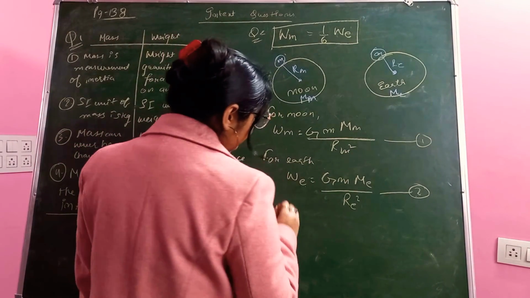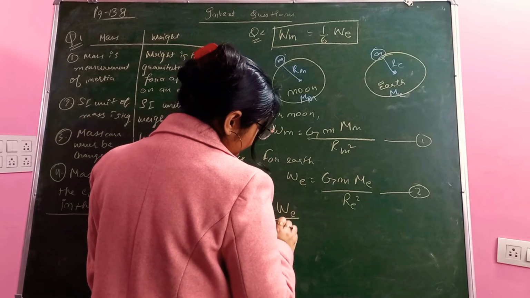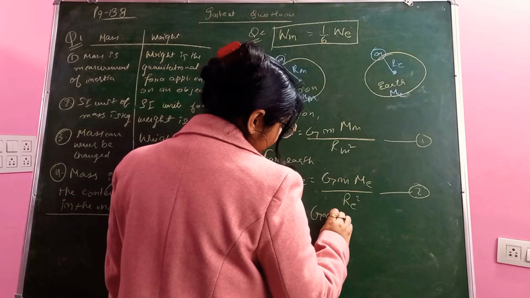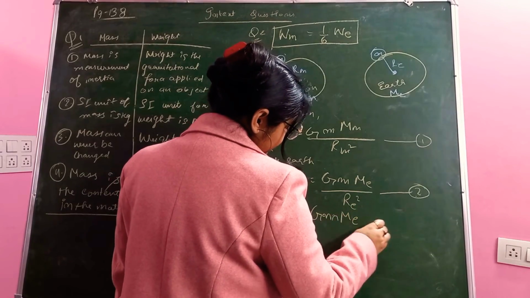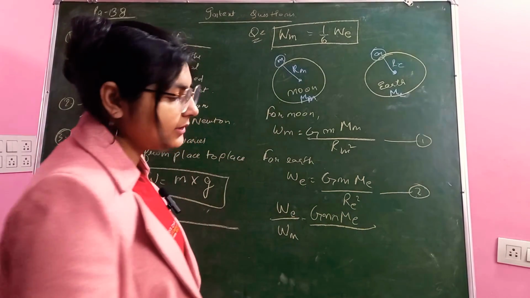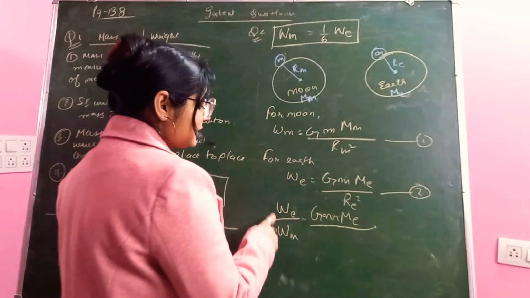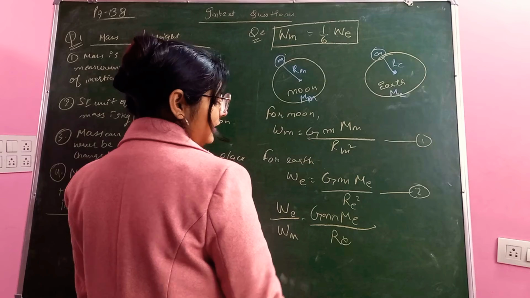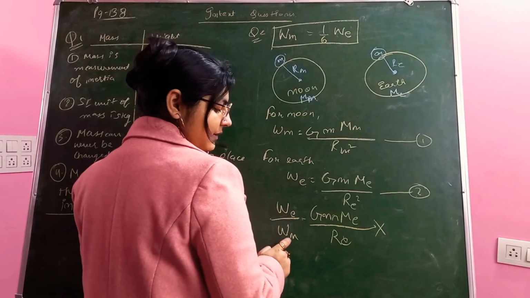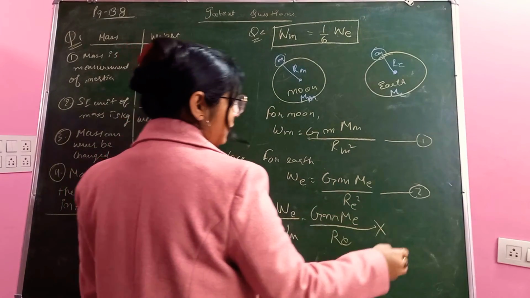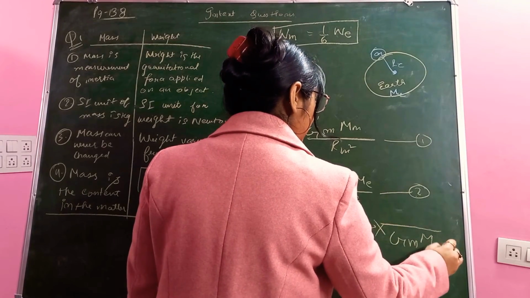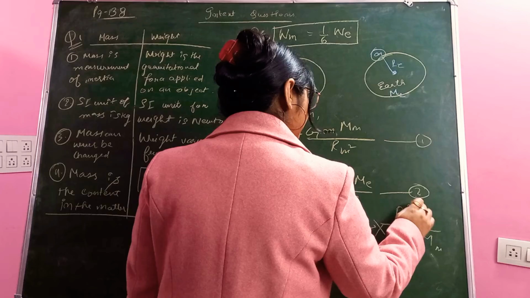Now what to do? When you divide these values, see, now I am telling you how to write this division. First is W_e, so we will write this, and then whatever is in the denominator, we will reciprocal it, G M_m m upon R_m square.